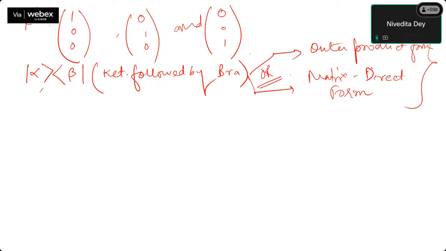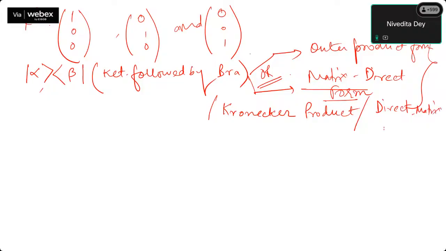These are the two names we use for the operator. This was also discovered by Kronecker, so it is known as the Kronecker product, also known as the direct matrix product. All these are names of this thing.